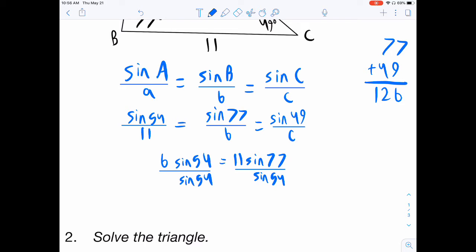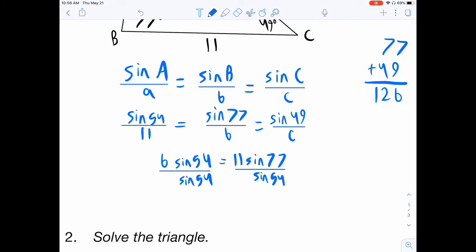And when we put that into our calculators, because keep in mind you'll need a calculator for this, we get 13.22.